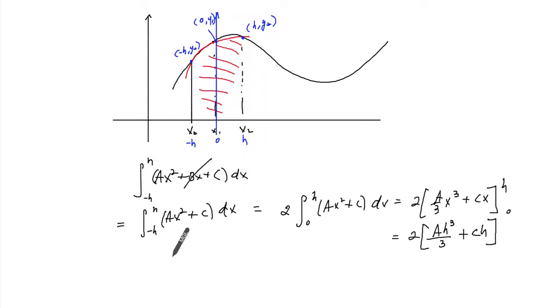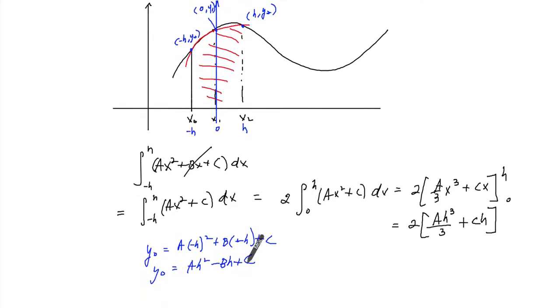So if that's the case, when it's y0, x will be minus h. So you get y0 is equal to ah squared minus bh plus c.